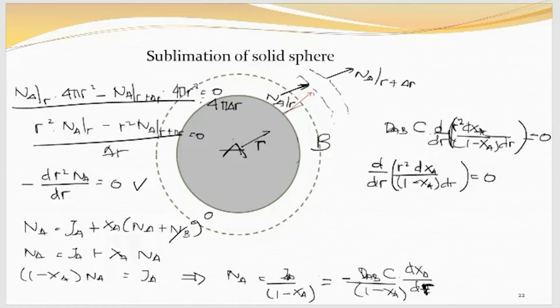Okay, now we need to do the first integration. The first integration will result in r squared dxa over 1 minus xa dr equal to c1. Correct?